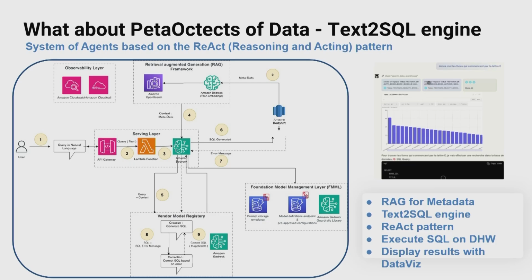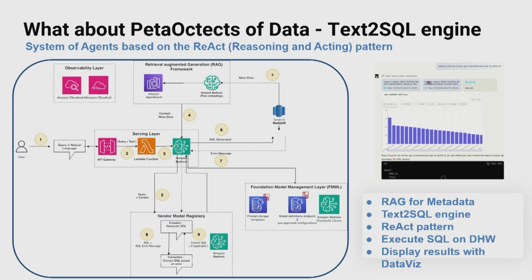And we go to number 8 on the bottom with the generated SQL plus the SQL error message, and we ask the LLM: you generated this SQL, you have this error, regenerate the SQL to correct it. Sometimes we need 2 or 3 iterations to get the right query, but very often after 2 iterations it works, not the first time.